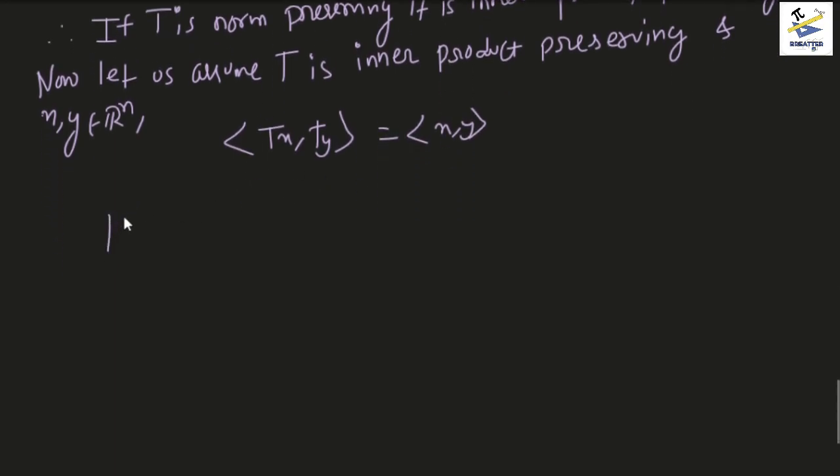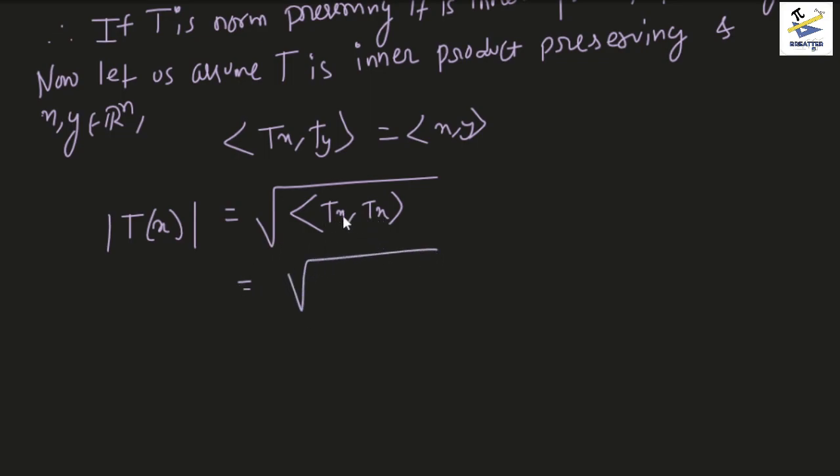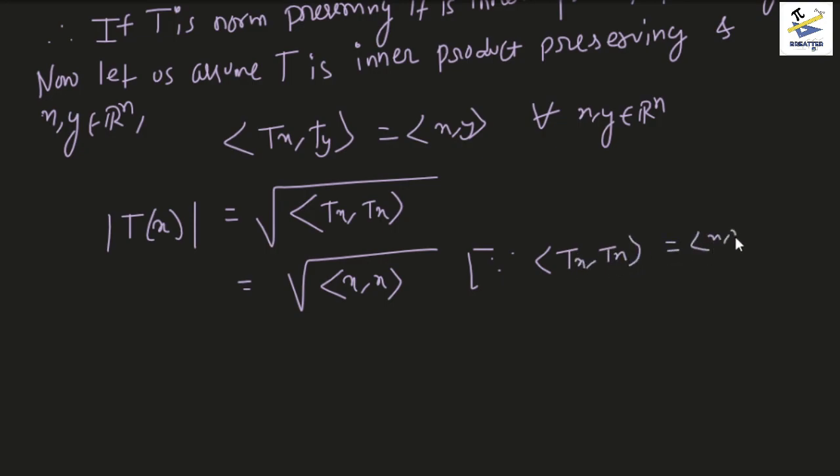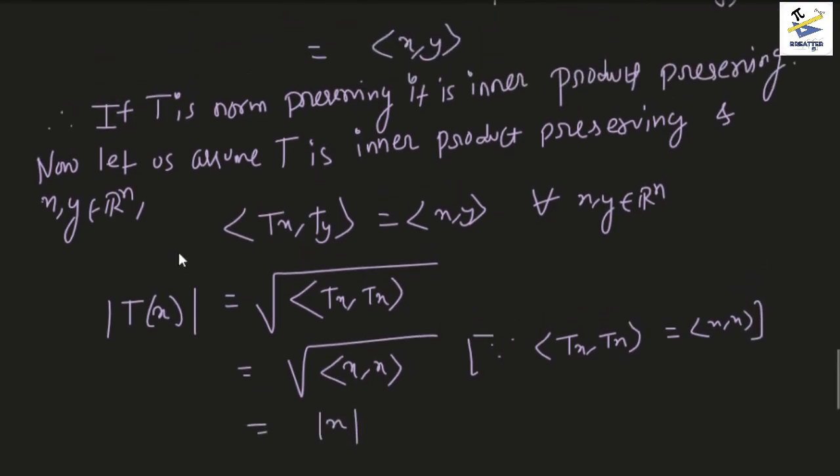So we know that the norm of Tx is the square root of the inner product of Tx with itself. Since T is inner product preserving, this equals the square root of the inner product of x comma x, since Tx comma Tx equals x comma x, which is the norm of x.